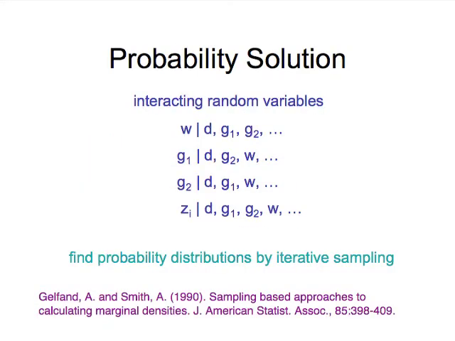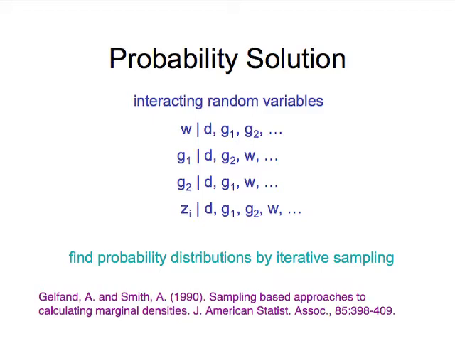Next slide. We can obtain a probability solution to a probability model that has multiple interacting variables. Let's see how. The first line says that the mixture weight W, conditioned on D, the data, G1, the first genotype value, some allele pair, and G2, a second genotype value, another allele pair, and so on for the other hundreds or thousands of variables being considered, like stutter, preamp, and so on, will form a posterior probability distribution.